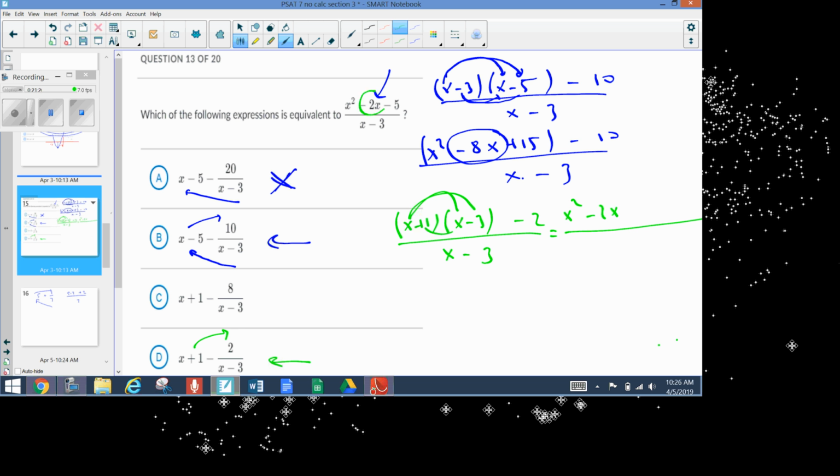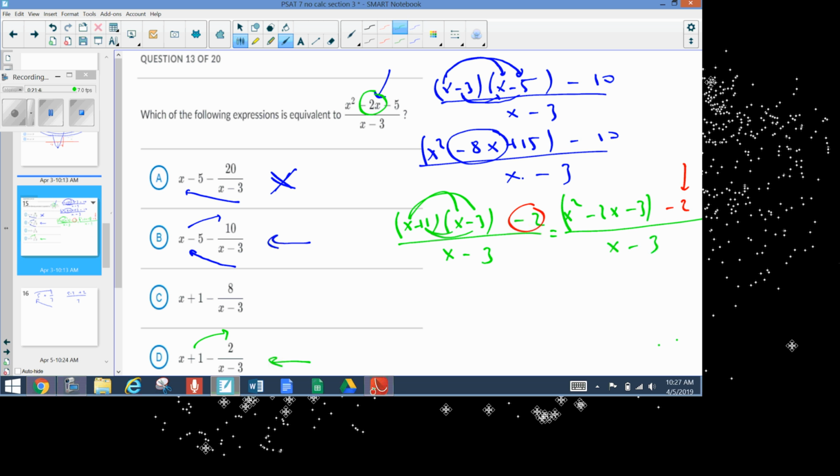Perfect. We got the middle number. And minus 3, minus 3, minus 2 is here over x minus 3.